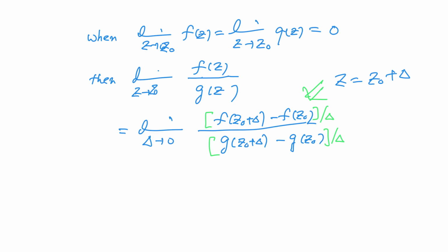But it turns out that this is f prime of z naught. So when both numerator and denominator go to 0 as you take the limit of z approaching z naught, this ratio becomes just the ratio between the derivatives at z naught. This is called L'Hopital's rule.